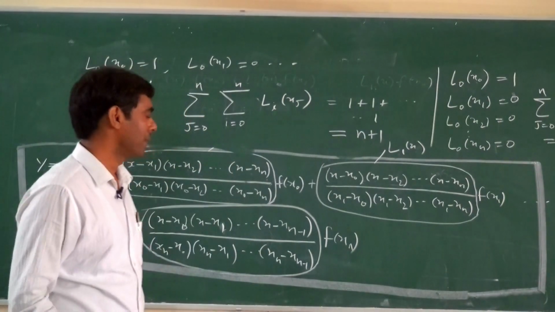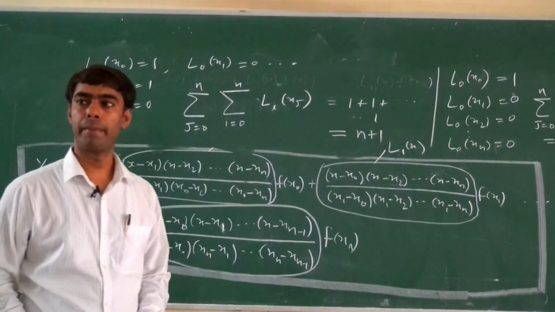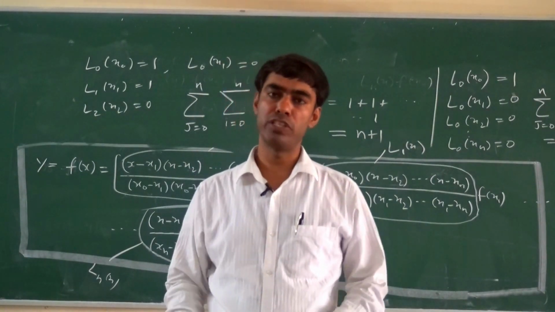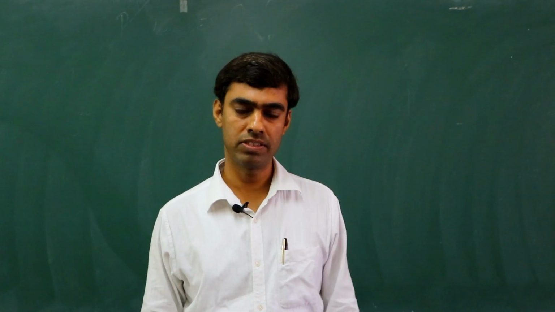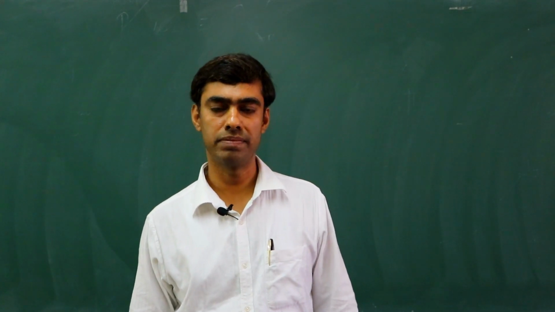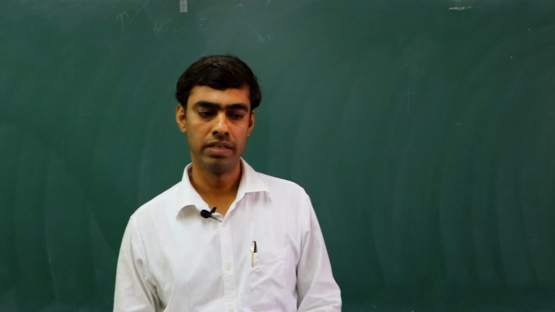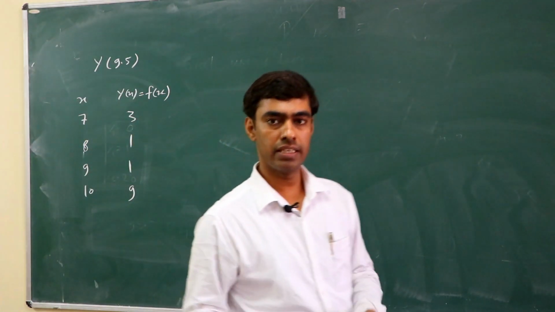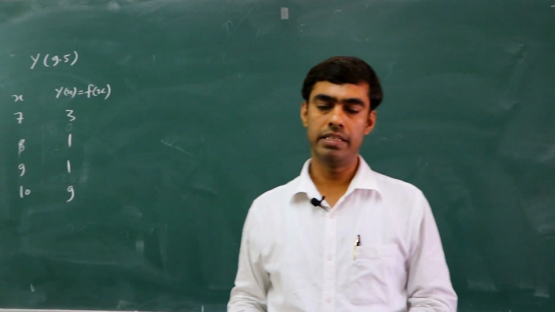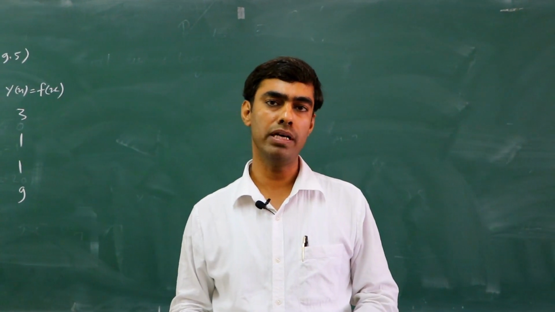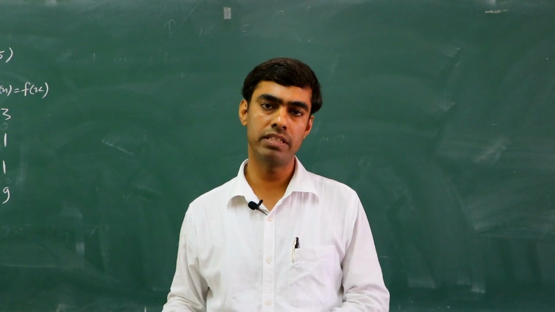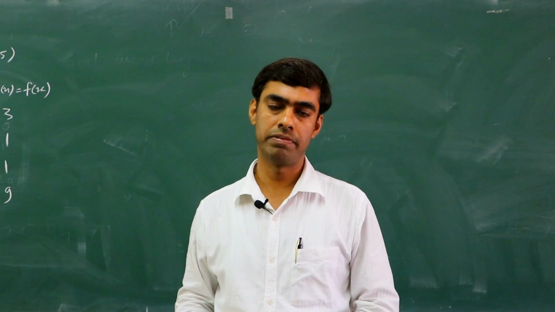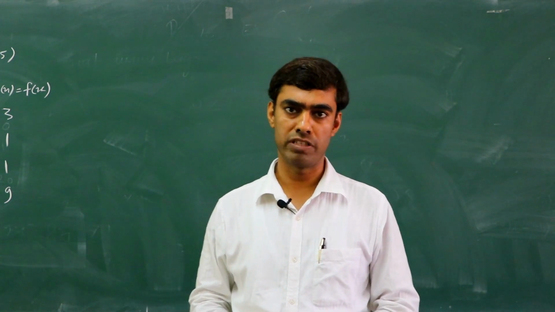So next we solve a numerical problem based on the Lagrange interpolation formula. First we take a very simple example. In this example, we try to interpolate the value at 9.5, meaning what is the value of y at x equal 9.5, using the Lagrange interpolation formula.